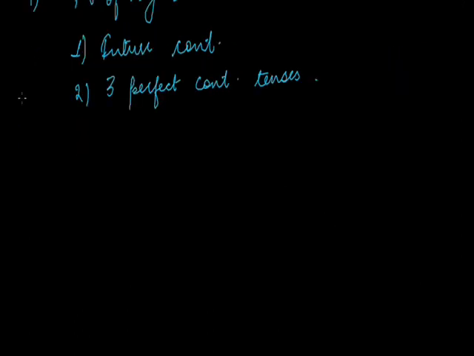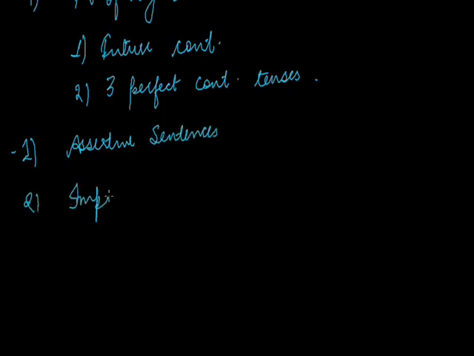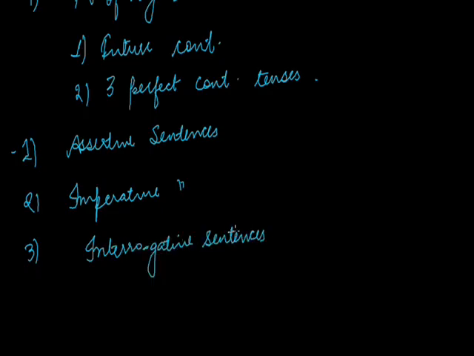Now, let's see some of the cases for your passive voice. We'll look at the cases of assertive sentences. Next is your imperative sentences. And then we'll see the passive voices of interrogative sentences. We'll also see some of the other cases of active and passive voice.